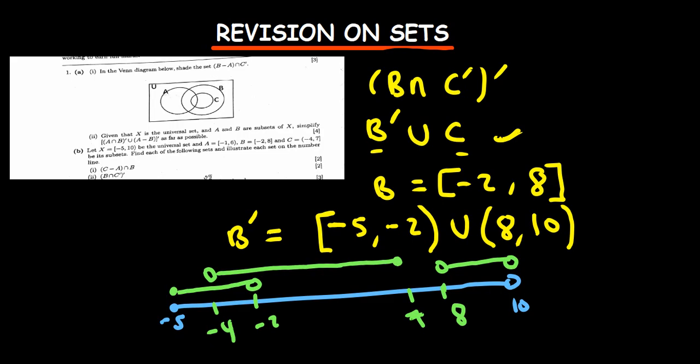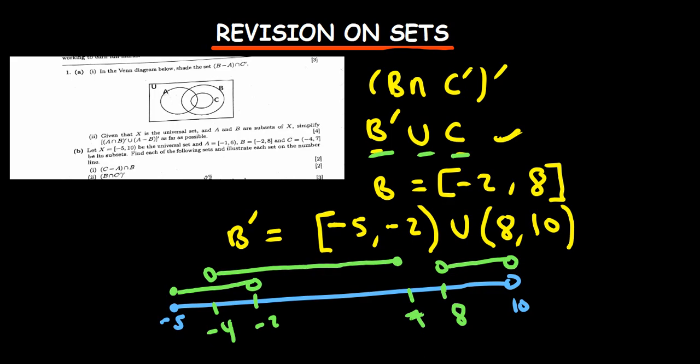So now how do we get our final answer? It is talking about union in this case, right? It is B complement union C. So everything is going to come together, so I'll unite everything.